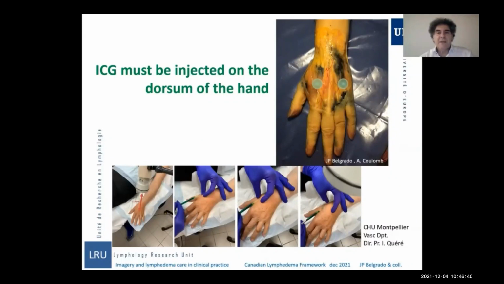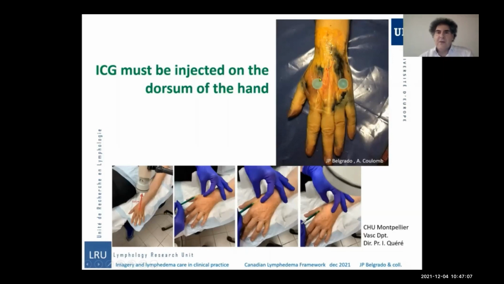For example, in the context of a secondary lymphedema after breast cancer, or after adenectomy within melanomas, or in the thorax or the upper limb, if there's a lymphatic insufficiency on the forearm, this insufficiency is important.